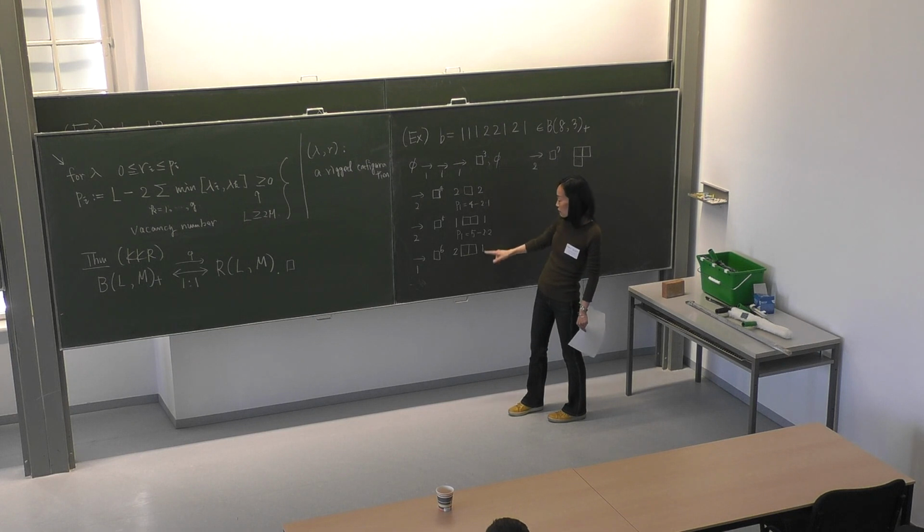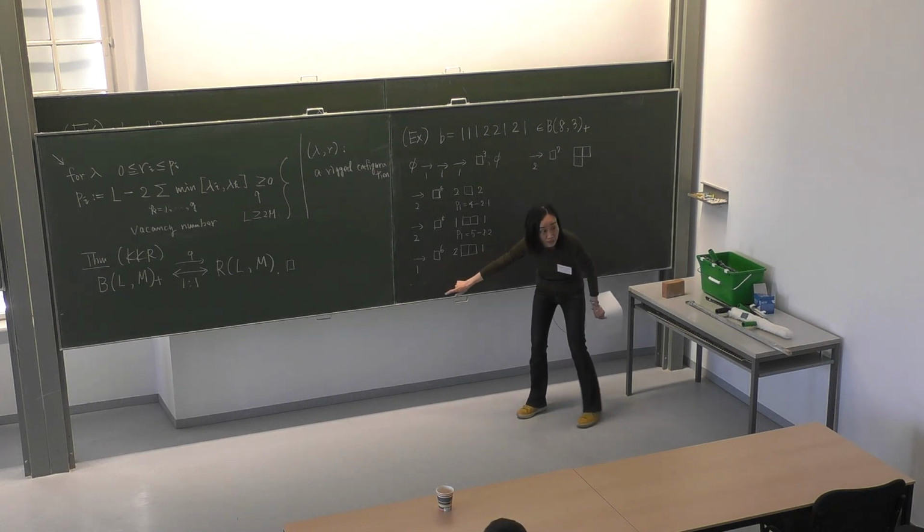But for example, in the case as this, we calculate P, but we don't change the rigging. And we don't add any box to this row at this step because we had 1.